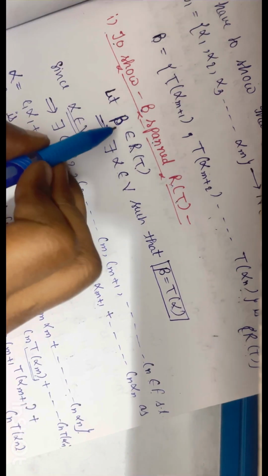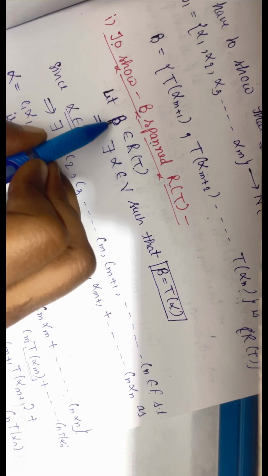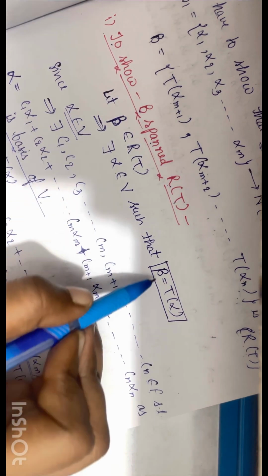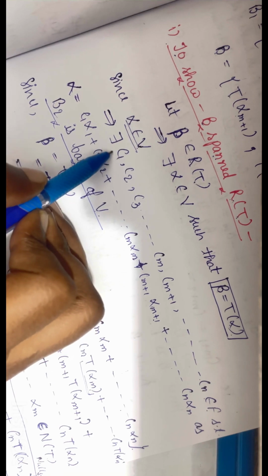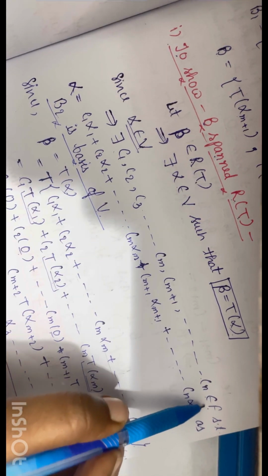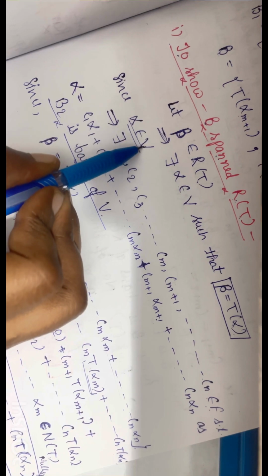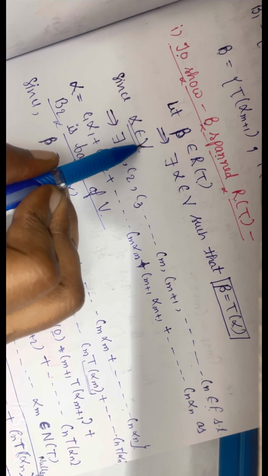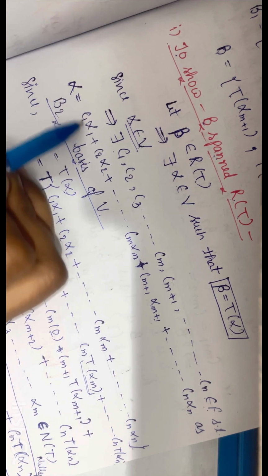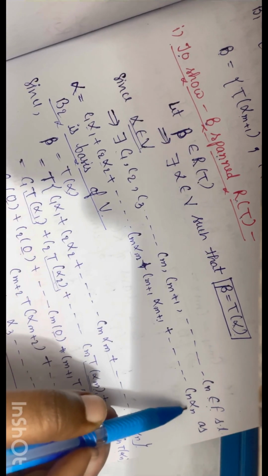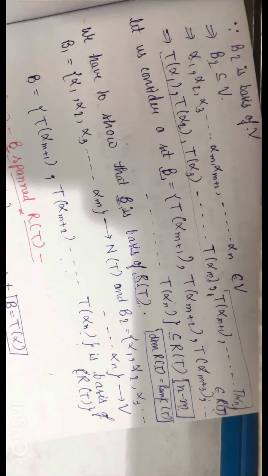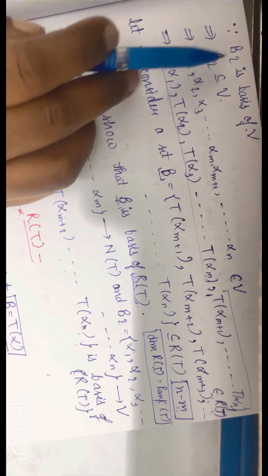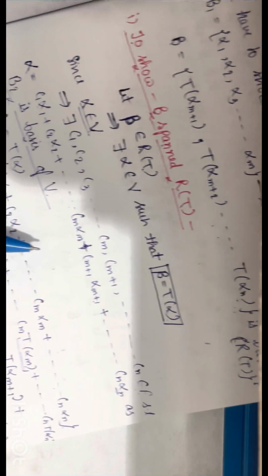Now, let an element from range space of T be beta. We know that beta is equal to T of alpha, where alpha belongs to V. There exist some scalars belonging to field F. Now, alpha is an element of vector space V, and alpha 1, alpha 2, alpha m, up to alpha n, B2, is basis of V, which is containing n elements.